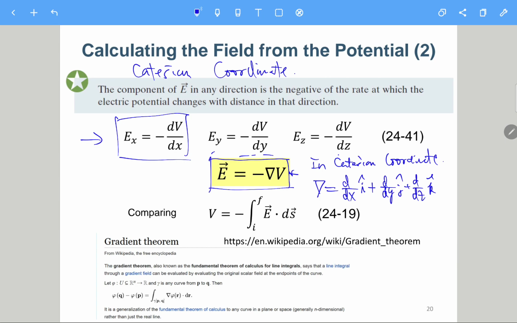So this gradient is the gradient operator, which makes the scalar field into the vector field. Later on you will see this gradient operator again, as something like gradient dot, gradient cross. You will see it in chapter 32.